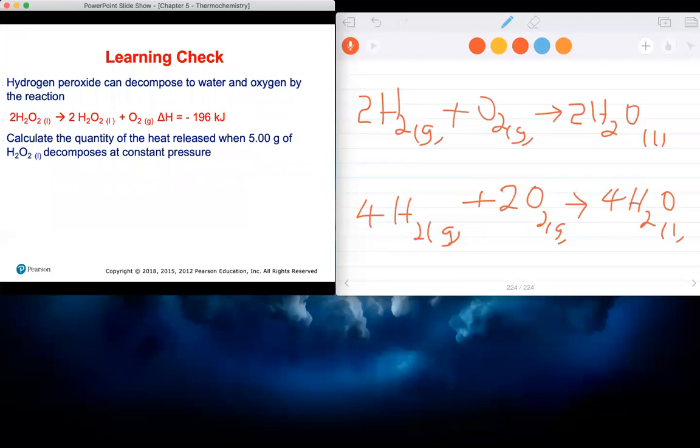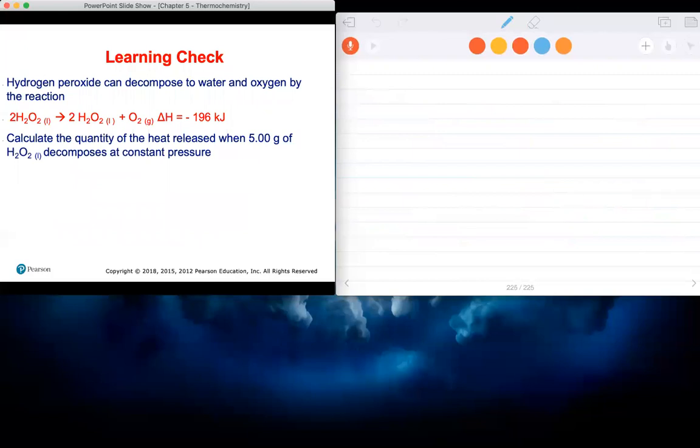This also calls for understanding that enthalpy of reaction is an extensive property. And when you read the balanced equation, I just showed it on the screen. Let me interpret it for you before we solve this problem.